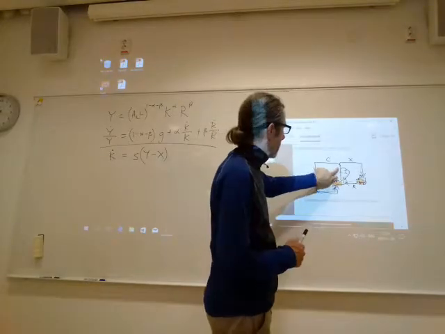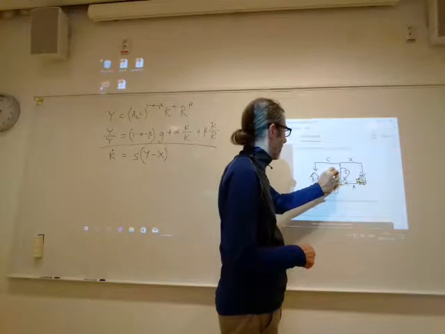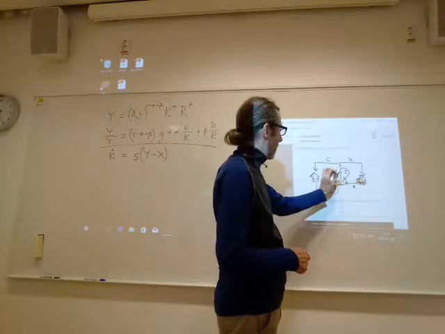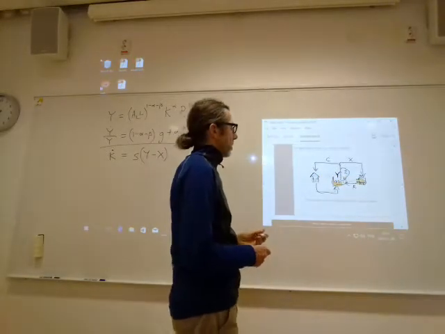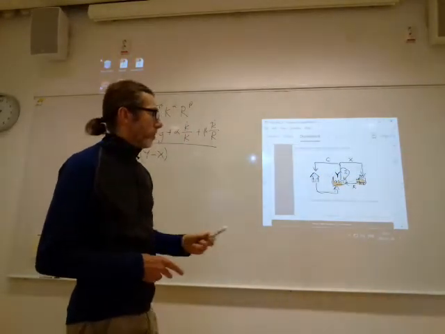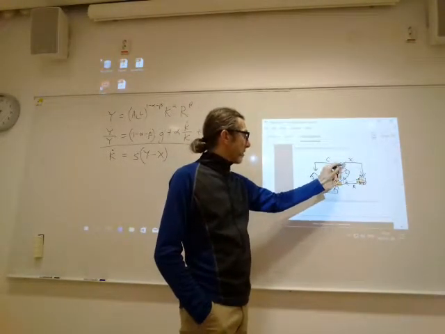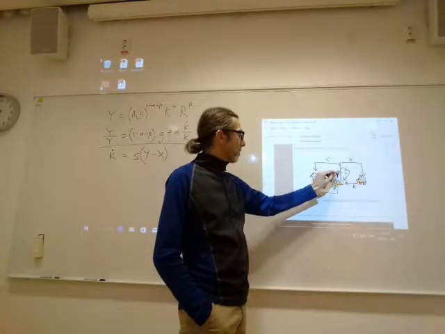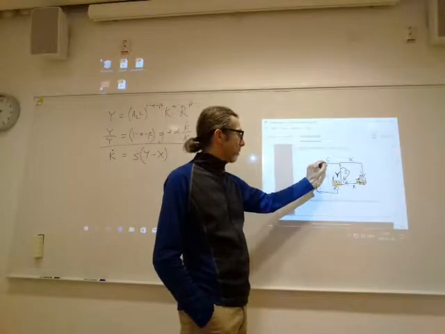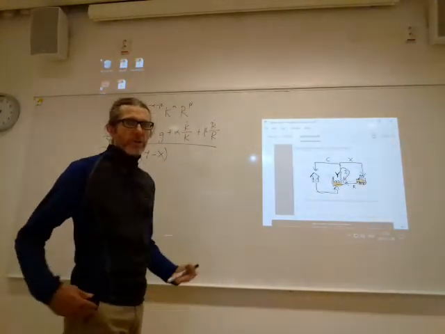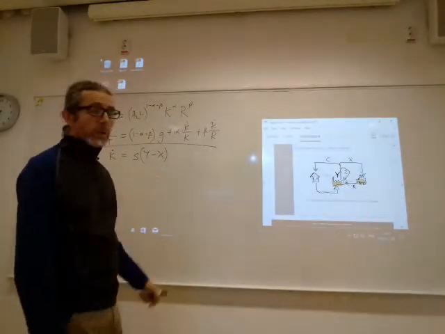So Y comes out here, and then we say that X goes off to this sector, and that leaves Y minus X. Then we say that a fraction S of Y minus X is investment, and a fraction 1 minus S is consumption. It's just how we choose to define things. We could have defined S differently, but we defined it like that.